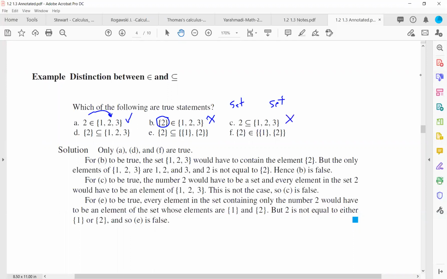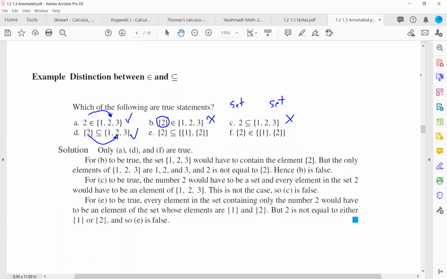D is true. On the left-hand side, you have set including 2. This element belongs to this set, so you say that set including 2 is a subset of set including 1, 2, and 3. Very well. Of course, E is not true. On the left-hand side, you have a set including 2.